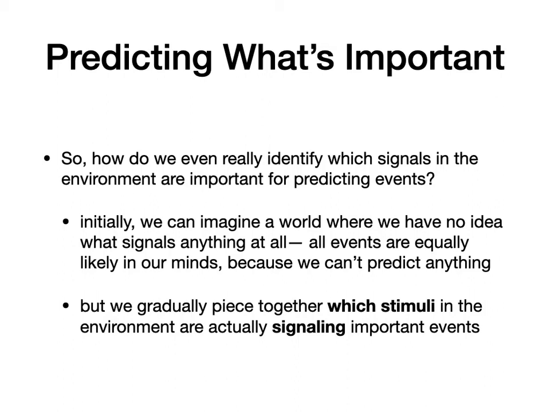That's not just a light bulb and a mean fish. It's sounds, it's everything. Initially, you can imagine a world where we have no idea what signals anything at all, right? All events are equally likely in our minds because we can't predict anything. We don't know anything about the world. But we gradually piece together which stimuli in the environment are actually signaling important events, right?